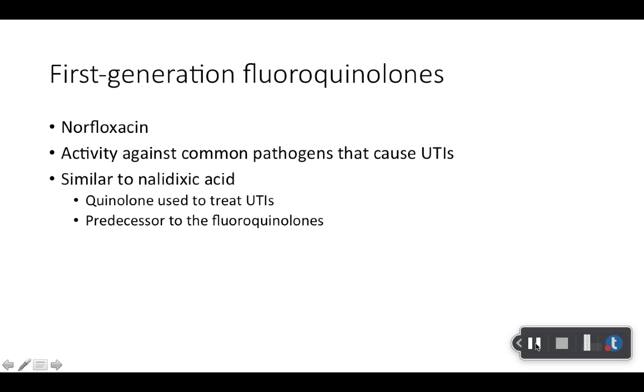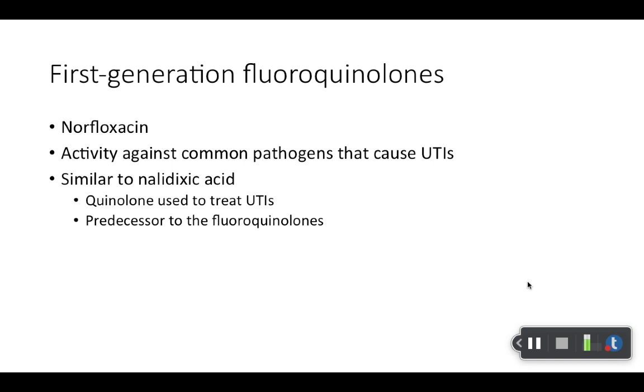generation, we have norfloxacin, which is the generic name, so sometimes you'll hear people refer to it as Noroxin, which is the brand name of it. But this one has some activity against bacteria that cause UTIs. This one also, in addition to UTIs, can be used for pyelonephritis, also for community-acquired pneumonia. You may see it used that way.